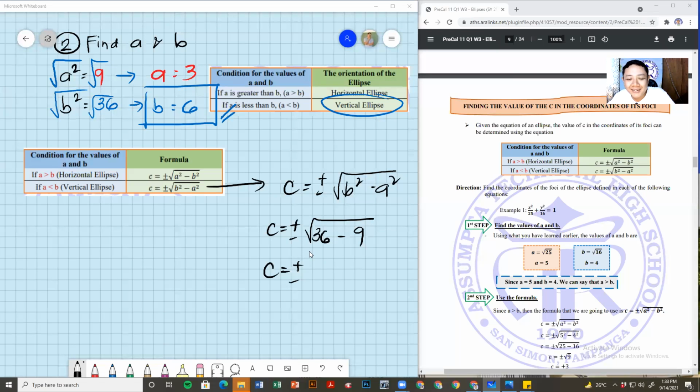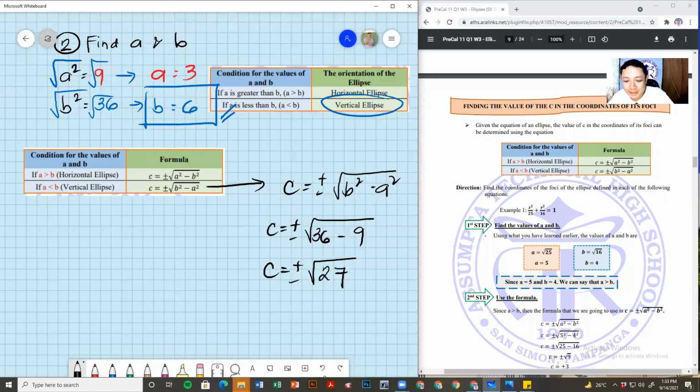Okay, so let's now continue. Let me help you. Children, 36 minus 9, what's the answer? Type it in the chat box. 36 minus 9, it's not 27. Oh, are you sure it's 27? Yes, it's 27. Correct. 27. Okay.